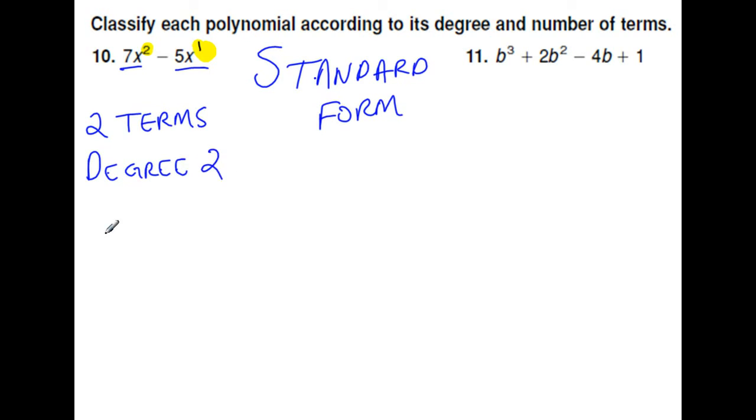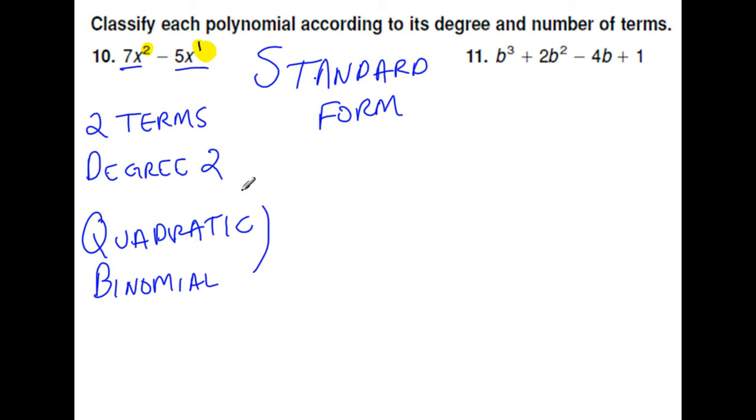So what we call this is a quadratic. I'm just going to put quad. Well, then let's put quadratic binomial. That's how you would say it. Quadratic binomial.